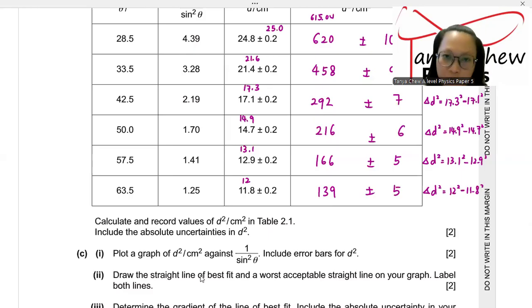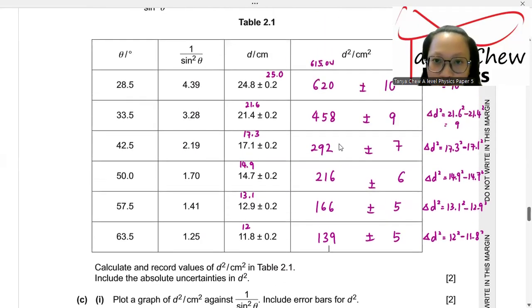So I will teach you how to draw the best fit line right now. If you are unsure which is supposed to be your best fit line, is it this one or is it that one, I give you one tip. Look at your y-axis, d squared values: 620, 458, 292, 216, 166, 139.